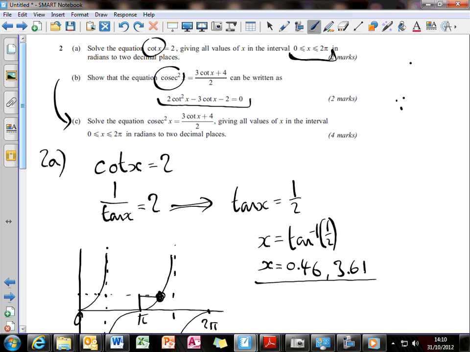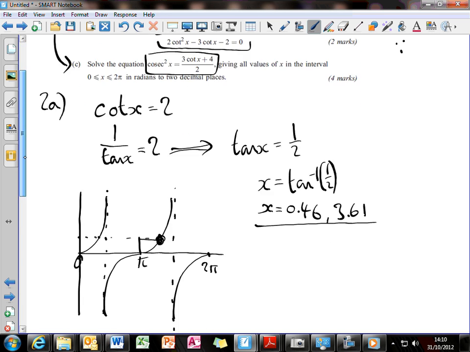It's exactly the same as this thing up here. But we couldn't solve it as it is because it's in terms of 2 different functions, cosec and cot. So the reason for part B is to get that equation all in terms of one function, cotangent. So it requires an identity.